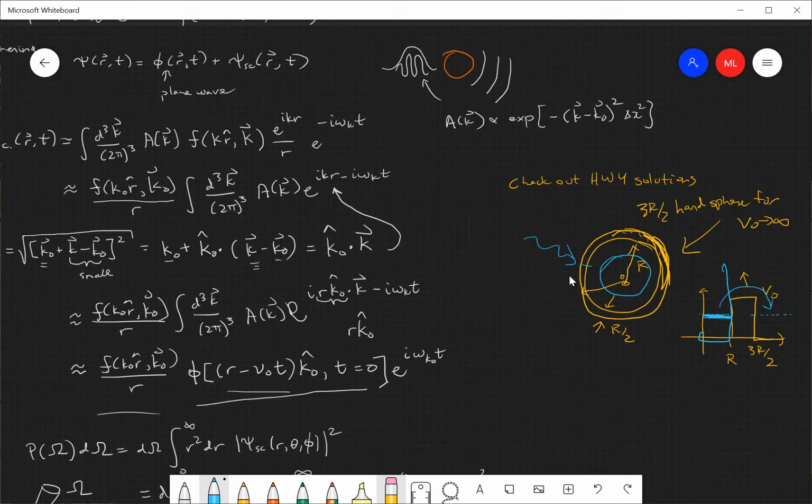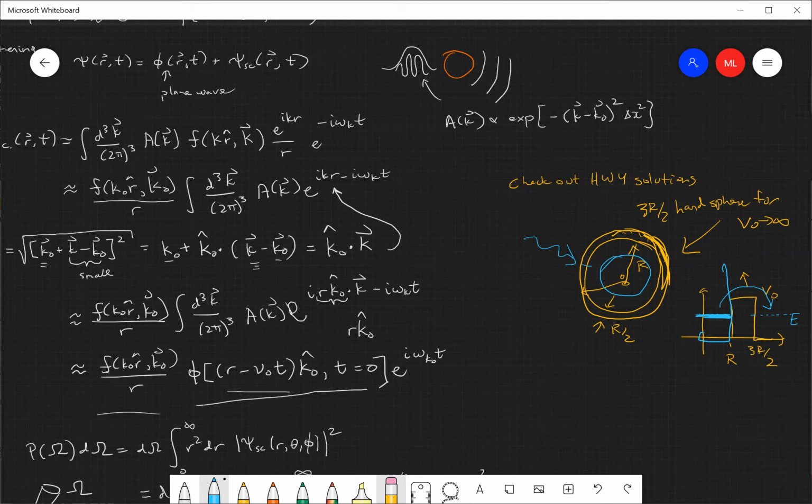But the point is that if you don't make V naught formally infinite right away, but you send in particles at an energy that matches the bound state energy you would have had if V naught made an infinite well, then the particle can get trapped there for quite a while.